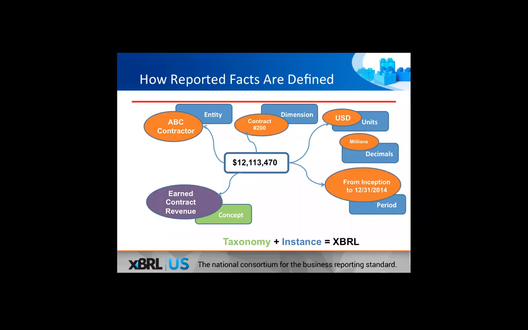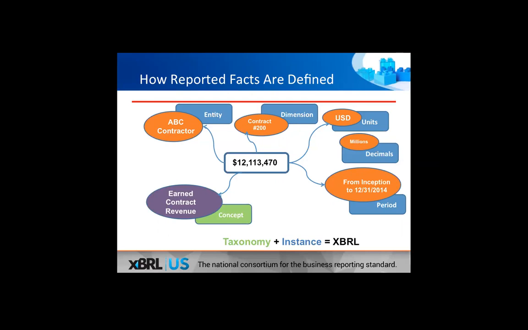So this is where the XBRL data standard comes into play. This image provides a diagram of how the value would be defined in an XBRL document. The taxonomy, which is represented by the green box at the bottom labeled concept, is that digital collection of terms that defines a specific reporting need. It defines all of the elements like contract percent complete, estimated revenues and costs, and it can define those ultimately for individual jobs and contracts.